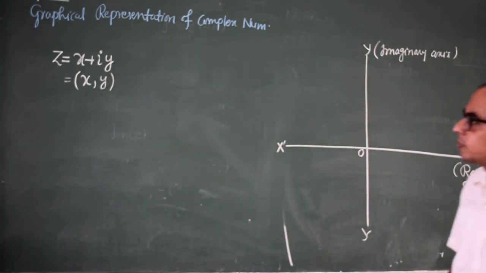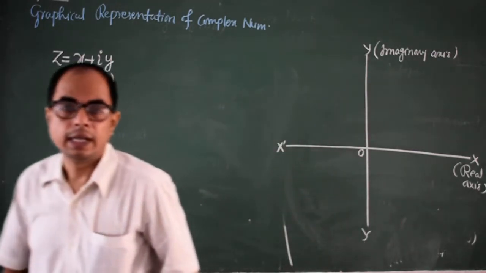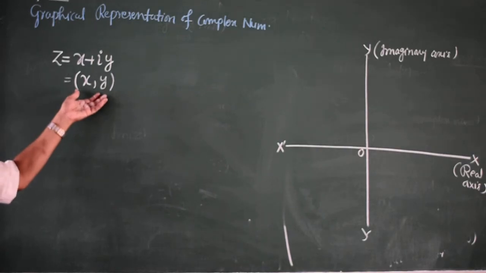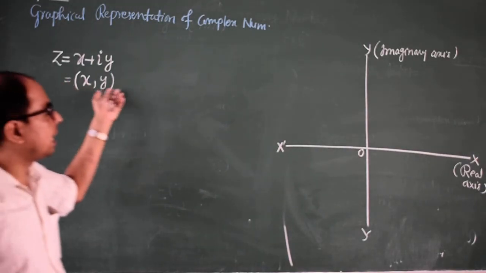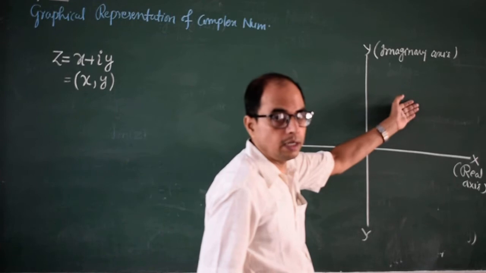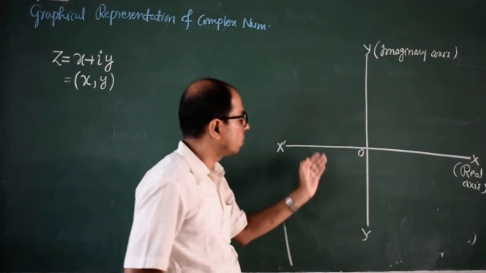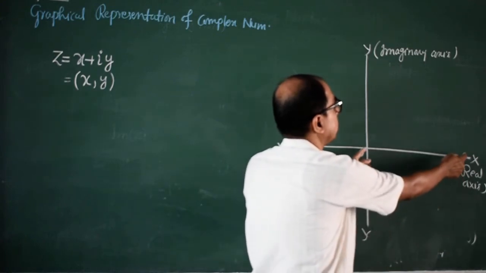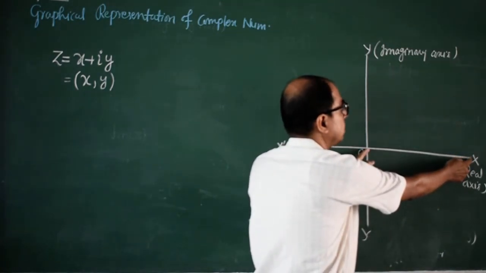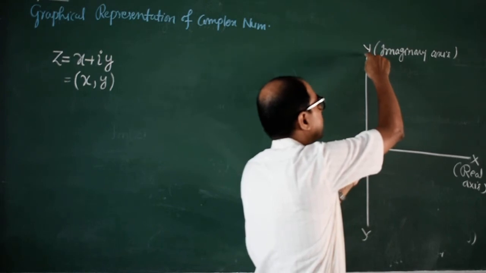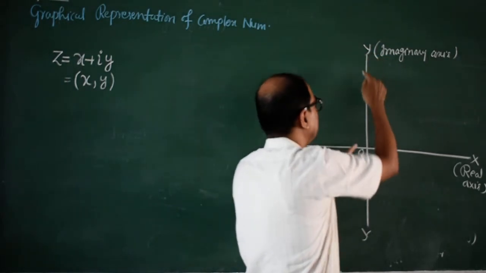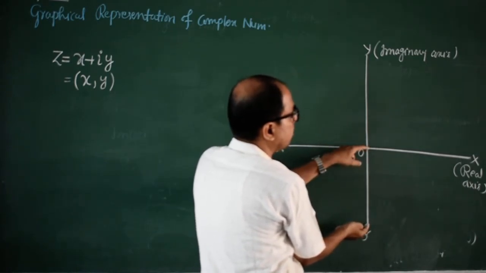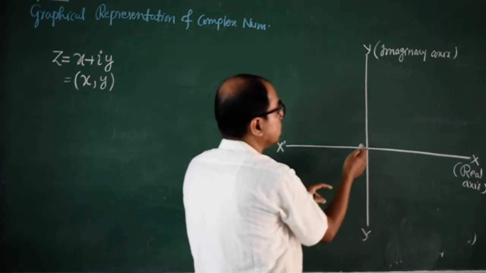Plot this point in this xy plane. Clear? So this point can have 9 positions only. Either it can lie in the first quadrant, second quadrant, third quadrant, fourth quadrant, or it may lie on the positive real x-axis, positive imaginary axis, negative real x-axis, negative imaginary axis, or the origin.